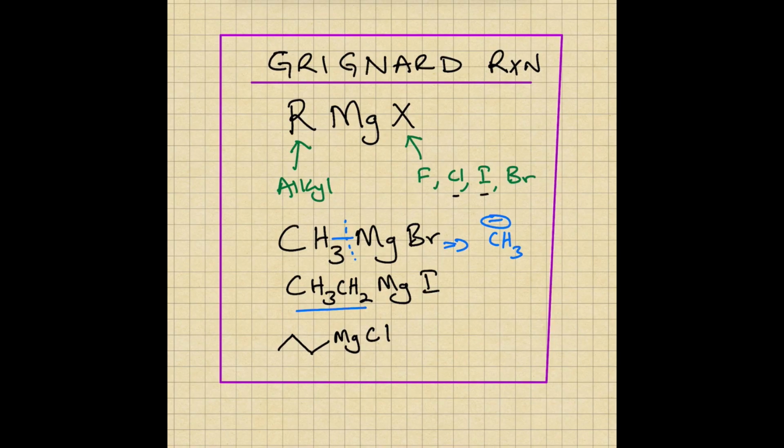Now you cleave the carbon magnesium bond and you end up with CH3CH2 minus, the charge on the CH2. Same thing with the propyl magnesium chloride. You cleave that bond and you end up generating the minus charge on the 3rd carbon.